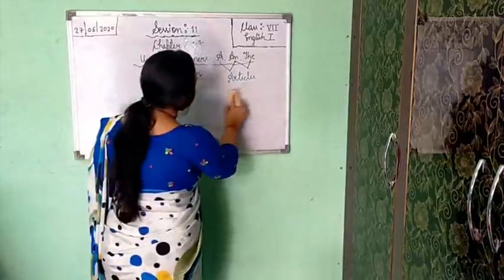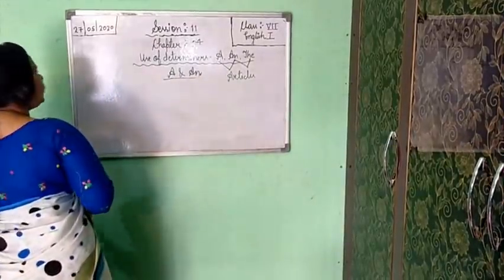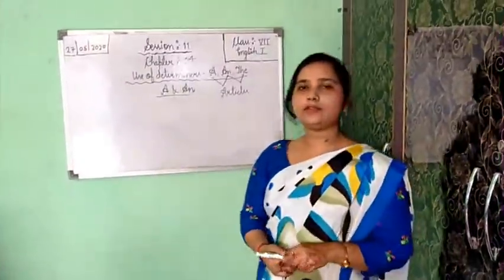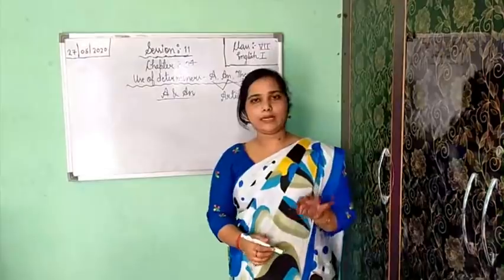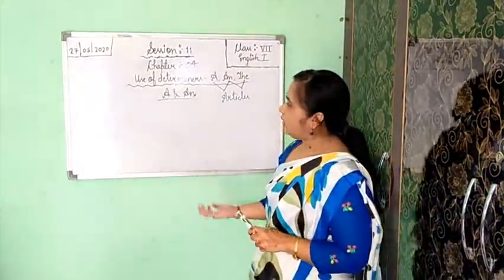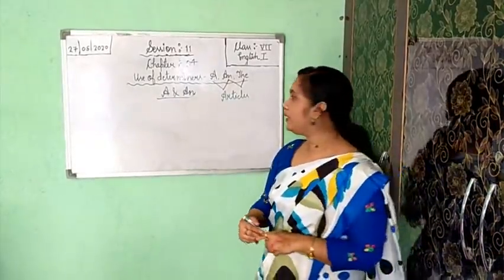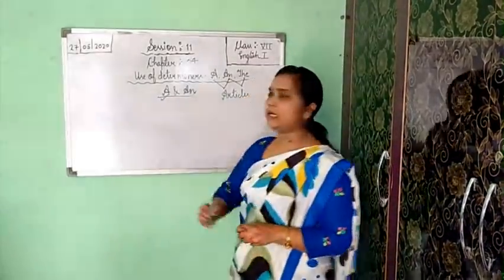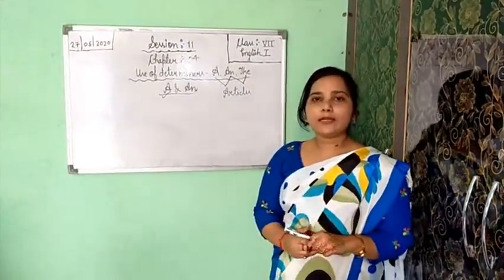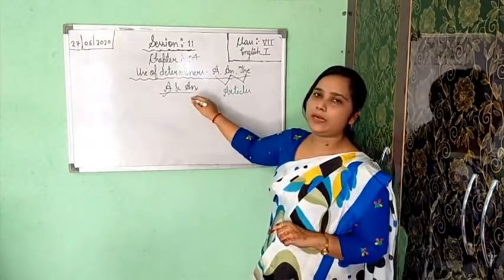I think these uses of a and an are clear to you. Nothing much there. Only if you are getting a vowel sounded word, then you will put article or determiner an. But if you are getting a consonant sounded word, you will put article or determiner a. Understood? For numerical sense, which means one, you will put the indefinite article. For showing a certain thing, a certain noun, you will put the indefinite article.